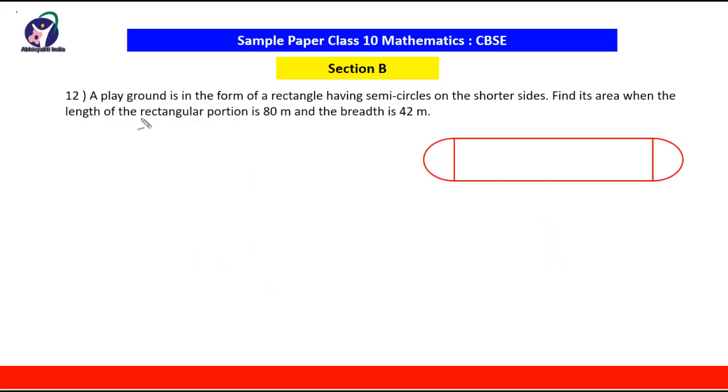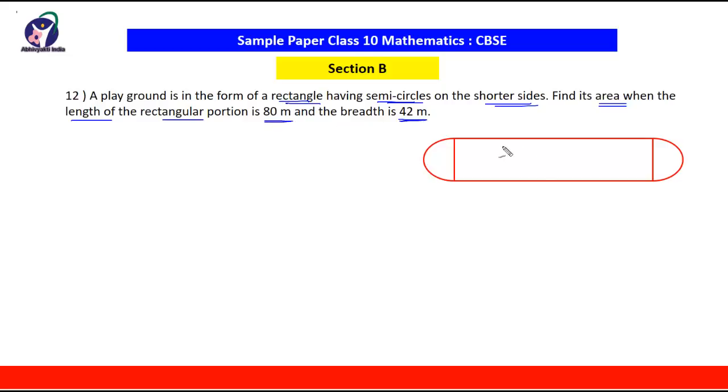The next question is, a playground is in the form of a rectangle having semicircles on the shorter sides. Find its area when the length of the rectangular portion is 80 meter and breadth is 42 meter.